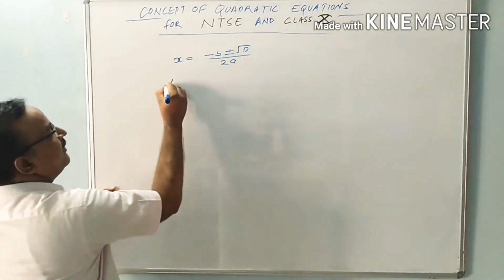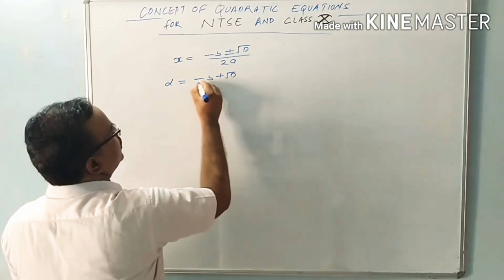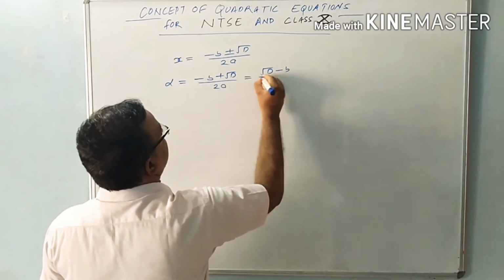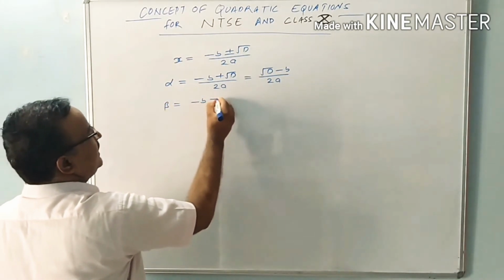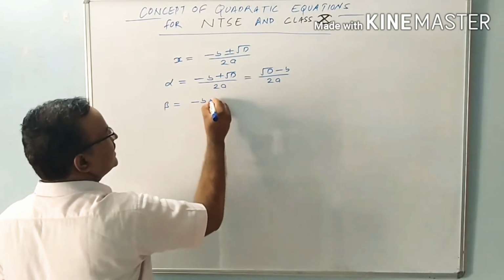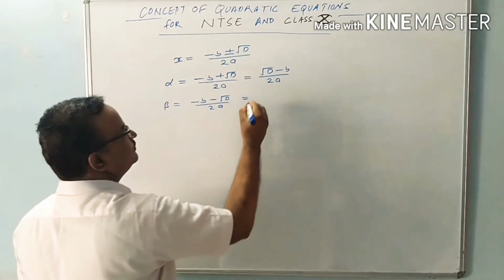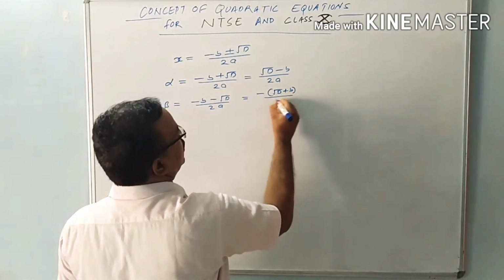If we take alpha as the positive value, that means minus b plus root D by 2a, we can also write it as root D minus b by 2a. And beta is equal to minus root D by 2a, which is equal to minus root D plus b by 2a.